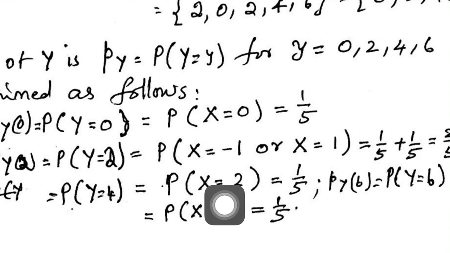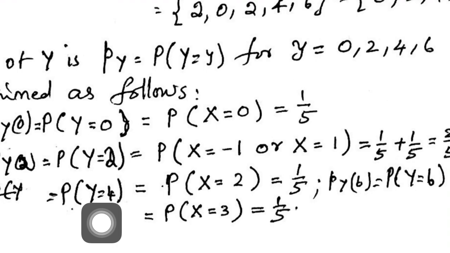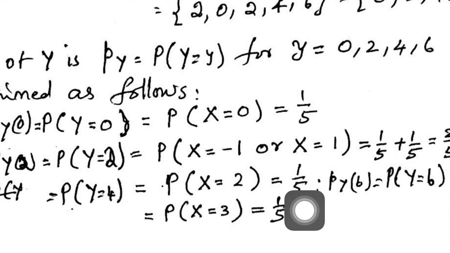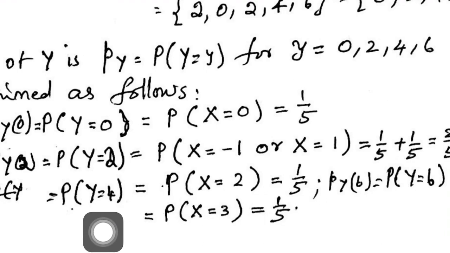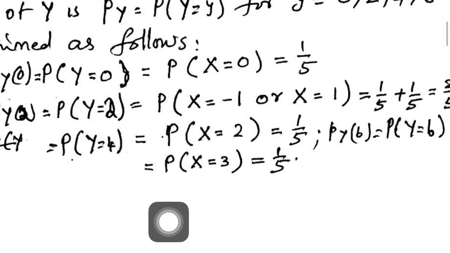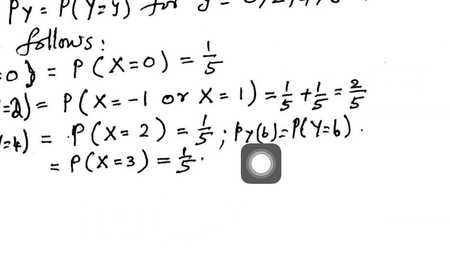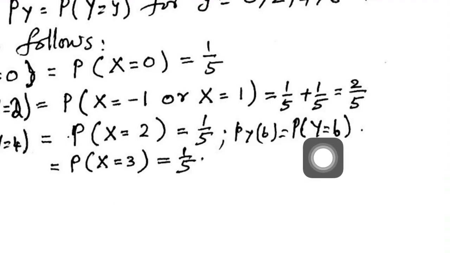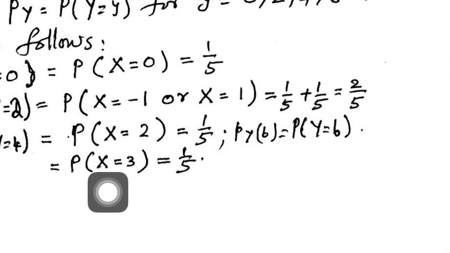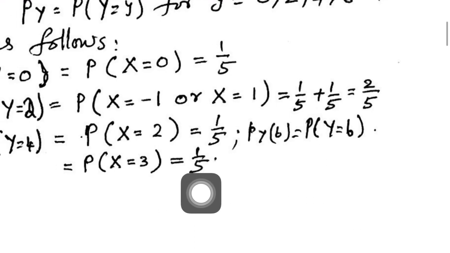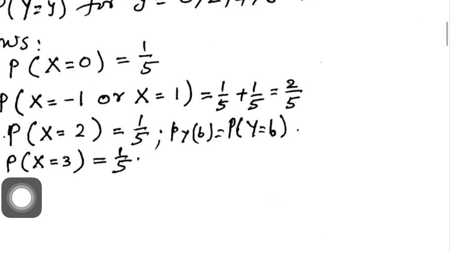There is only one case, X equal to 2, when you can have Y equal to 4. Therefore you need to take only that value 1 by 5. Similarly, the probability that Y is equal to 6 is equal to the probability that X equal to 3, which is equal to 1 by 5.